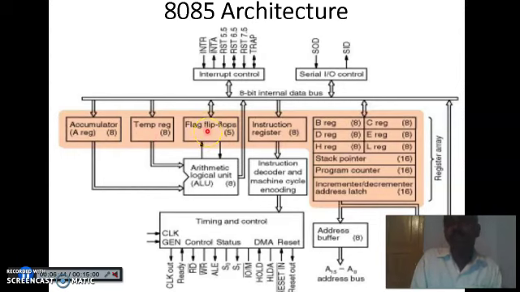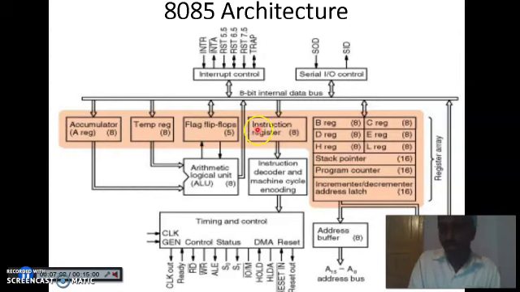Next, flag. Flag means a flip-flop. It is also a register that stores the information of the status of the processor. The flag is a flip-flop to store the status of the processor.